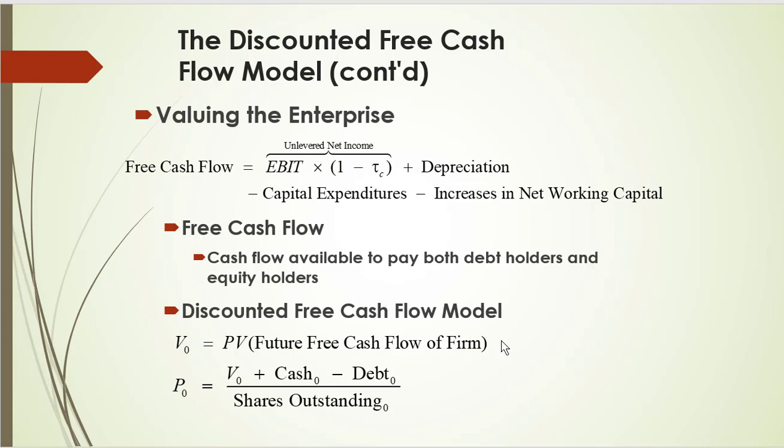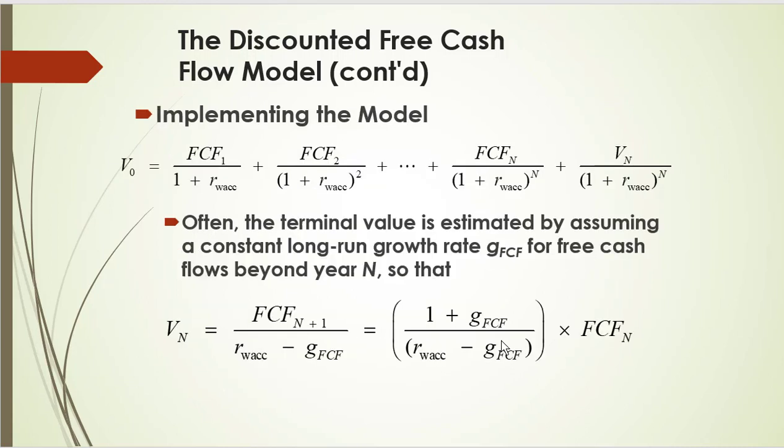So let's see how this breaks down if we do a little algebra. Based on the concepts of the dividend model, if we assume infinity, and if we assume a constant growth rate, in this case not a growth rate of dividends, but a growth rate of free cash flow, we can then have a formula that looks very similar to our dividend discount model.